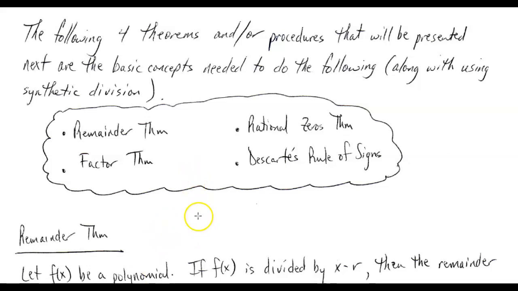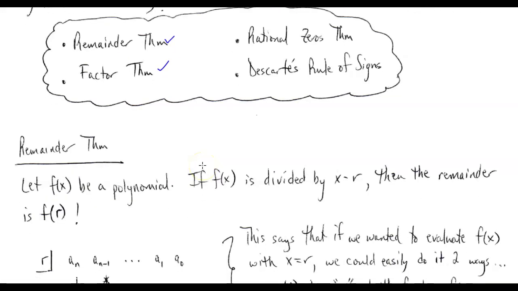We're going to first talk about the remainder theorem and the factor theorem. Both of these theorems are like cousins of each other. They both say the same thing, but in a different way. Let's look at the remainder theorem first.